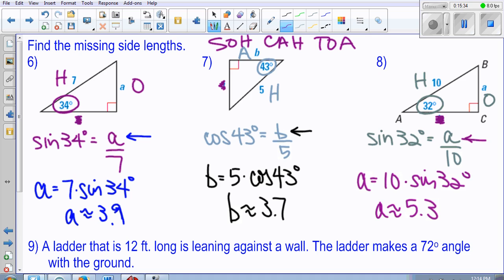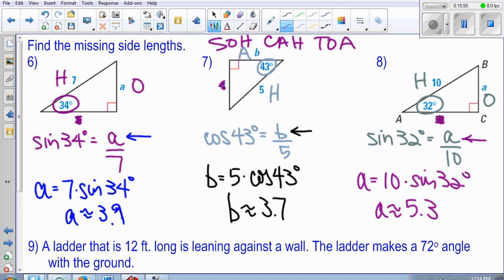Special right triangles you can do when you only have one side, but they require that the triangle's angles are 45, 45, 90 or 30, 60, 90. None of the problems that we talked about in today's video had those specific angles, so special right triangles wouldn't work.